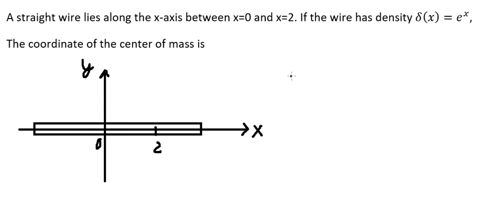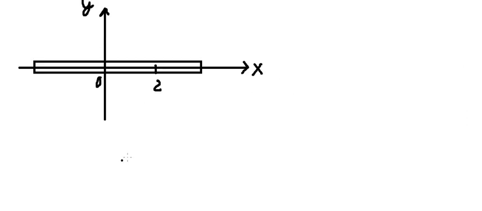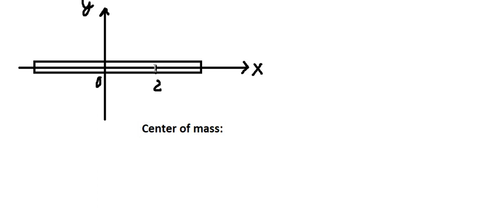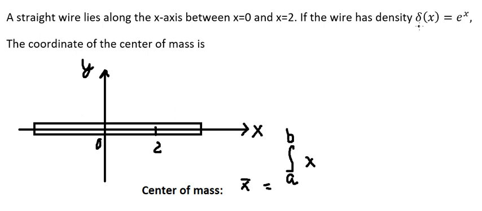So we can apply the formula here. Because the wire is along the x-axis, we just find only x, and we have the integration from a to b of x multiplied by the density function.